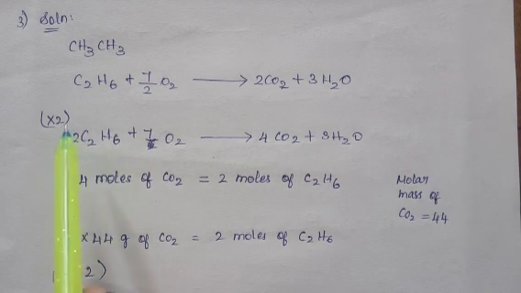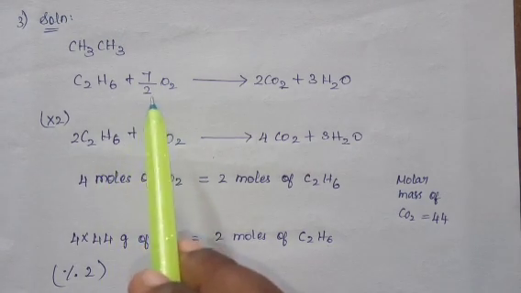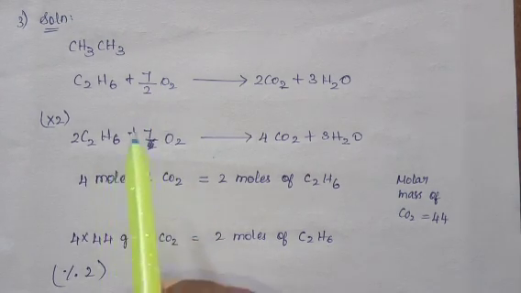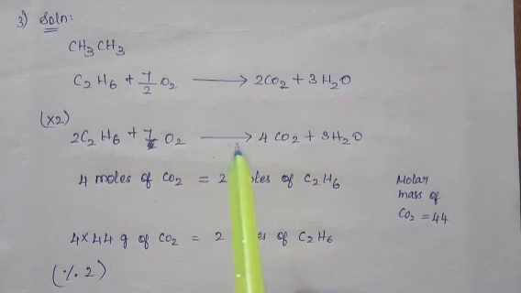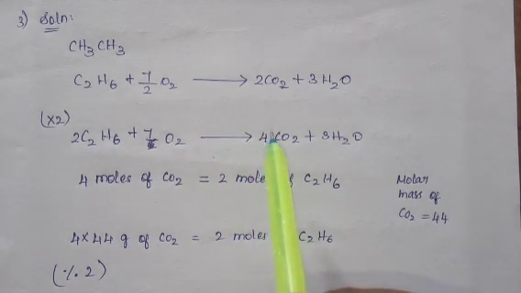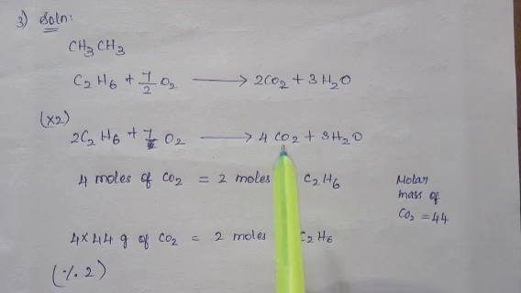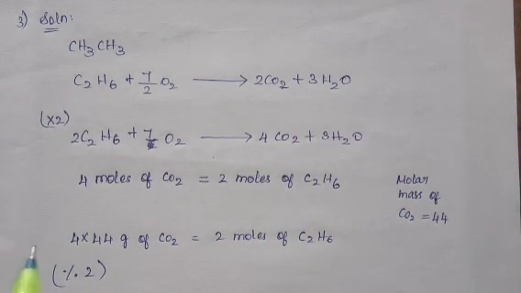So we have to multiply by 2 throughout. So 2C2H6 plus 7O2 gives 4CO2 plus 6H2O.